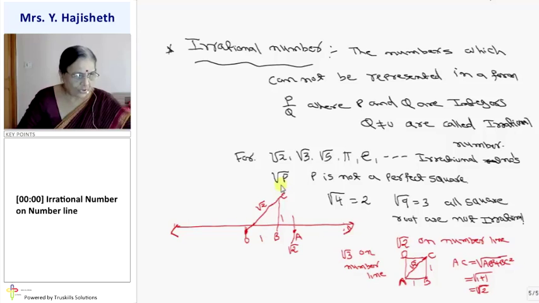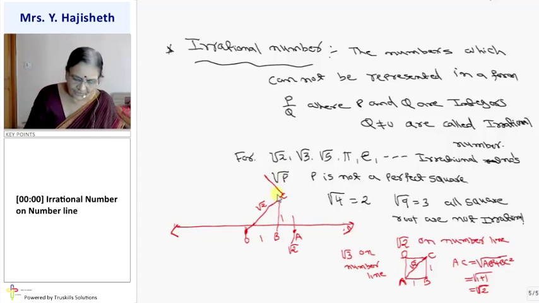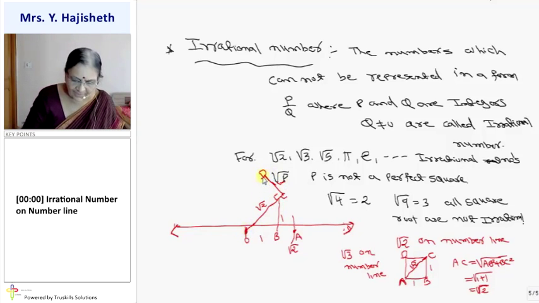Then you draw again one perpendicular of length 1 centimeter on OC. Suppose this is 1 centimeter, right angle. This is of 1 centimeter. This is my point D. Take O as a center and OD as a radius.